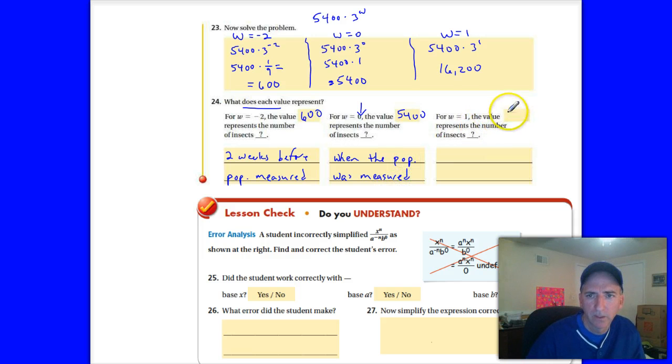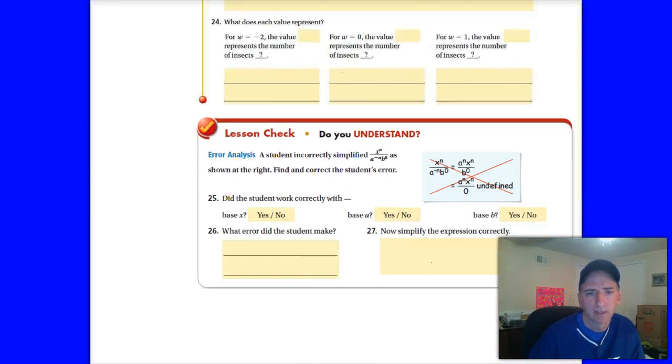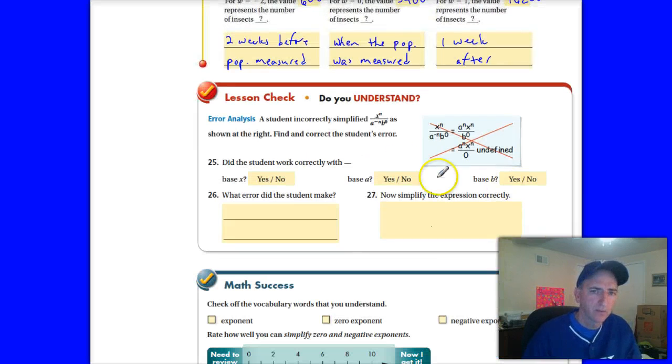And for W equals 1, 16,200 represents 1 week after. You can see how it tripled that way. So let's go on down here to the do you understand, and then we'll wrap it up here.